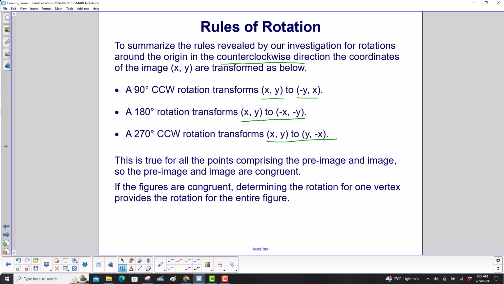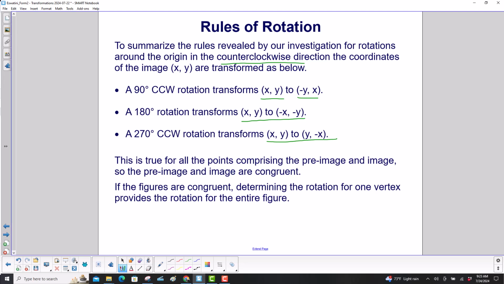This is true for all the points comprising the pre-image and image, so the pre-image and image are congruent. If the figures are congruent, determining the rotation for one vertex provides the rotation for the entire figure.